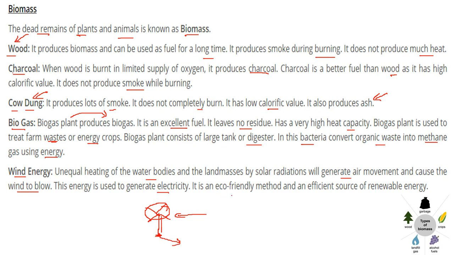It is an eco-friendly method and an efficient source of renewable energy, because this wind is going to blow anyways, but you need a large area, a place where the wind is at such speed that the windmill can rotate, and you need a lot of windmills, not just one or two. That is how wind energy can be harnessed.